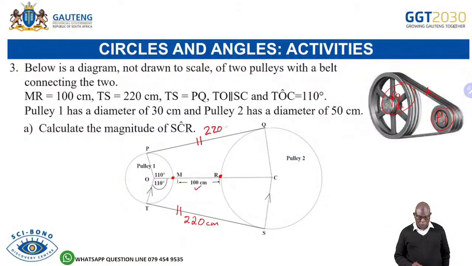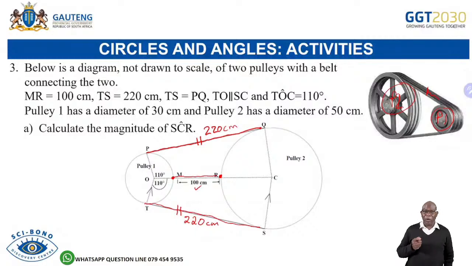So this one is also 220 centimeters. So the length of this belt from here to there is 220, and the length of this belt from here to there is 220 centimeters. But this belt here is 100. So remember, I'm working on the sketch first to understand the information that is given there.